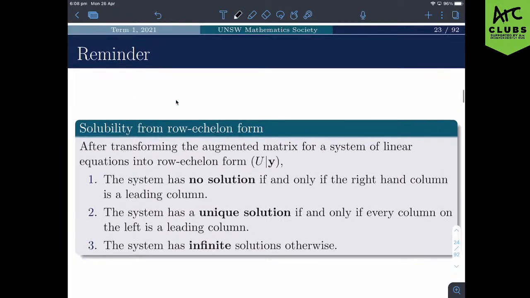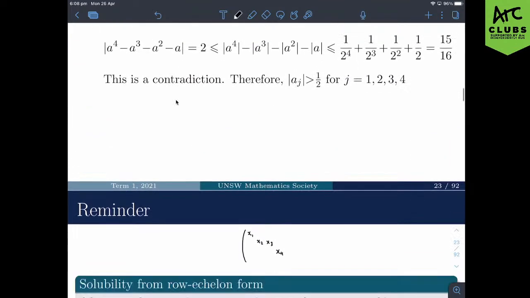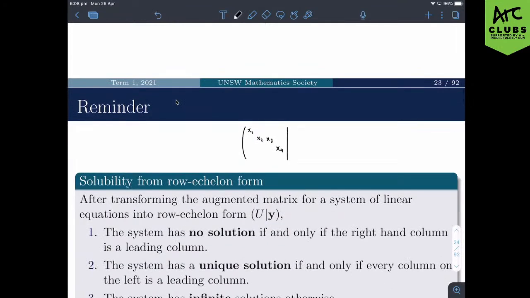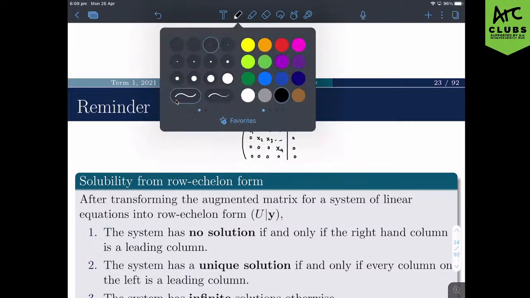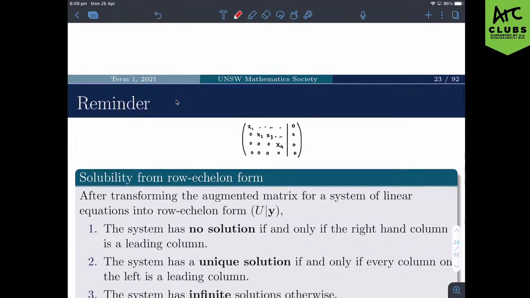Final case, the system has infinite solutions. So that's when we might have something that looks like this. These can be whatever terms, and this is when the right-hand column is not a leading column, and there's a non-leading column on the left-hand side.